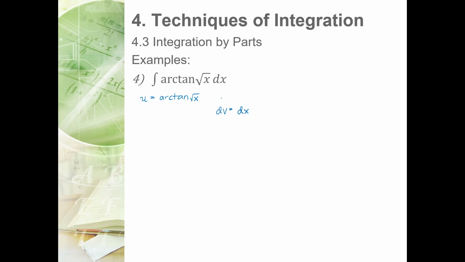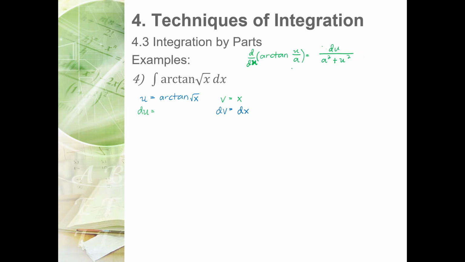Okay, starting with the derivative for du. If you recall your derivatives, the derivative of arctangent of u over a is du all over a squared plus u squared.